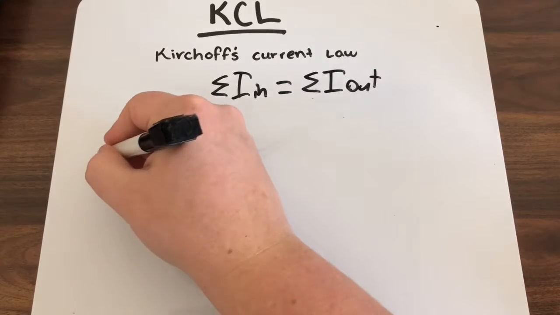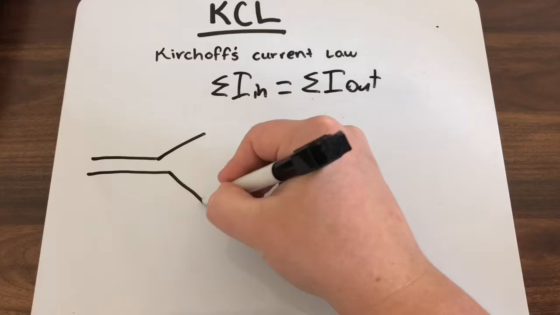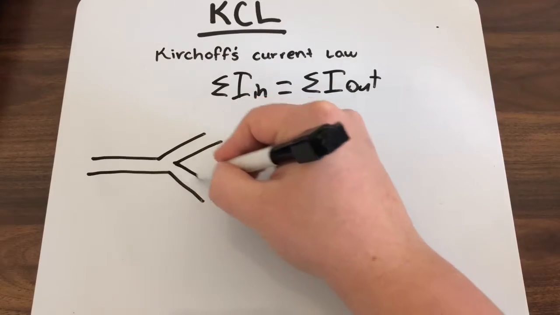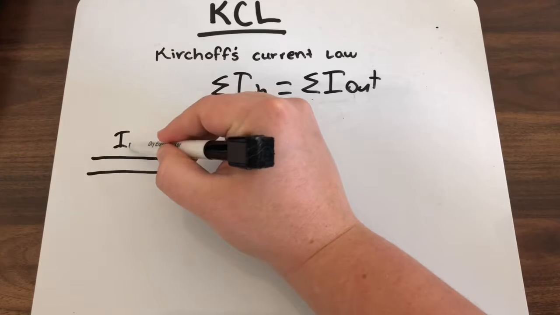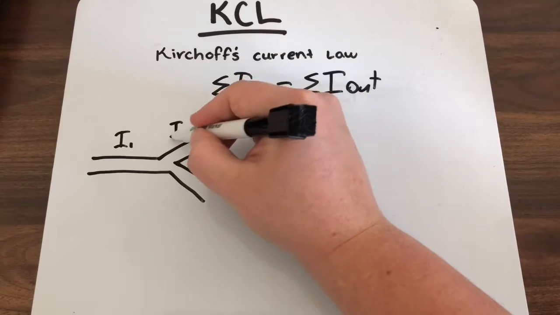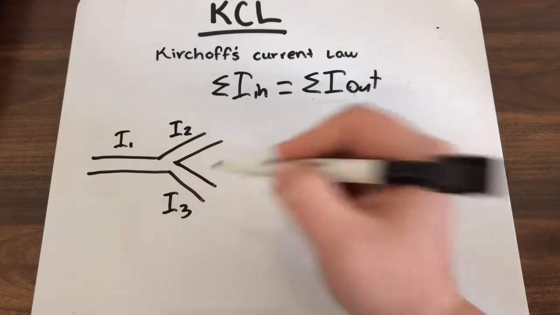So imagine you have a stream going down a river, and at some point the stream splits into two smaller streams. Let's call the main stream I1 and these two I2 and I3.